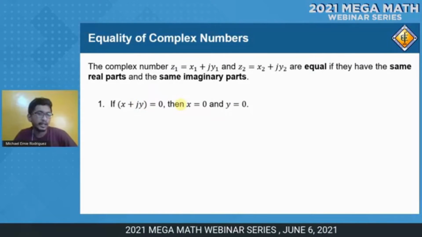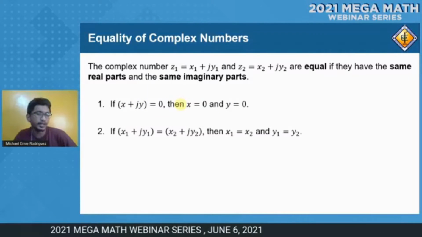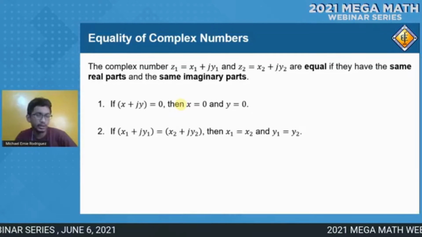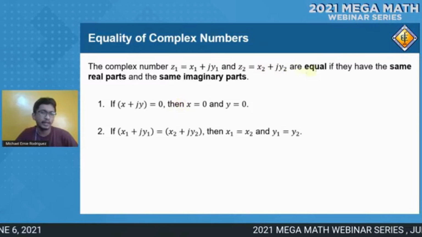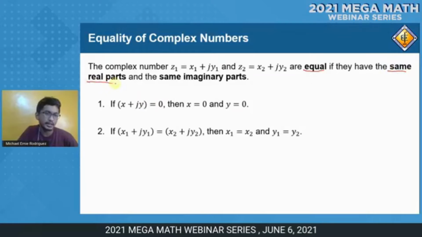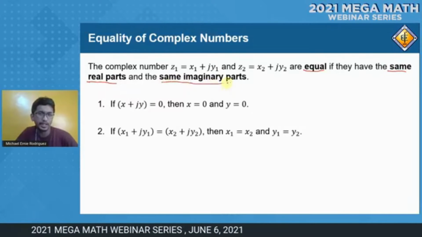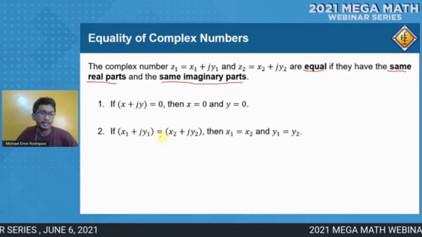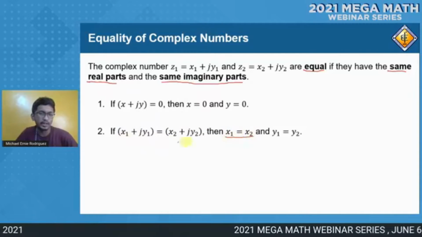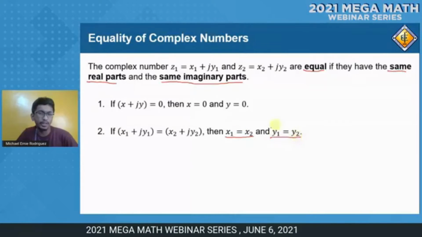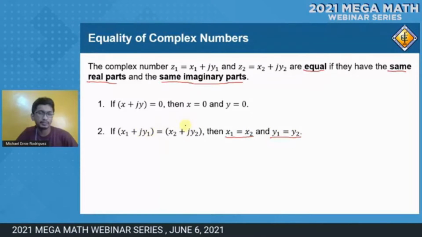Okay. And then second, if your x1 plus jy1 is equal to x2 plus jy2, so sabi natin, di ba, equal siya if meron kang same real parts and same imaginary parts. So, kapag equal itong dalawang to, we can say that x1 is equal to x2, that's the real part, and y1 is equal to y2, this is the imaginary part.